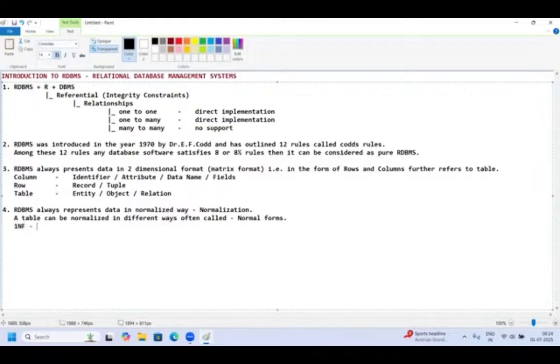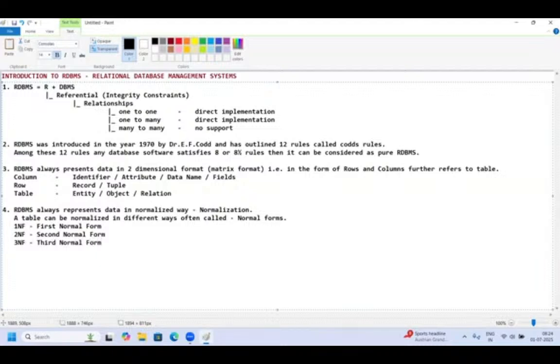1NF, that is first normal form. 2NF, second normal form. 3NF, third normal form.